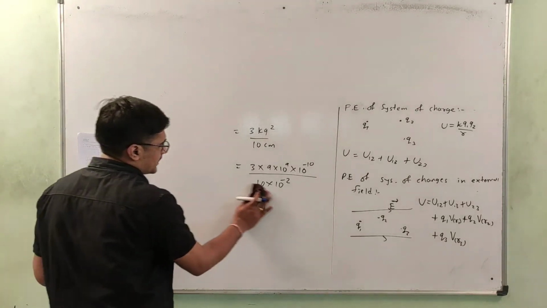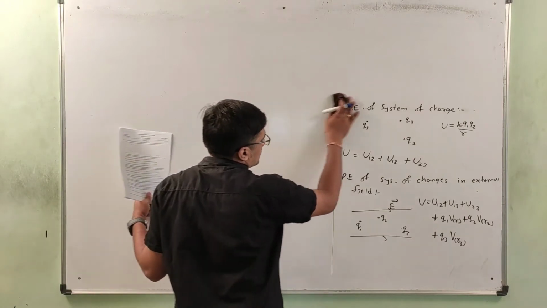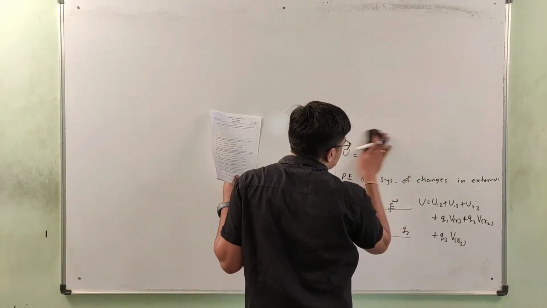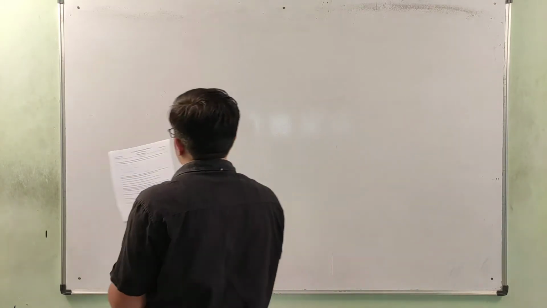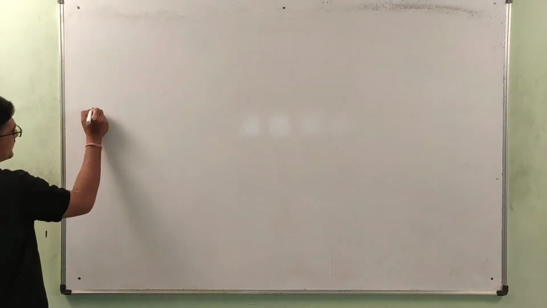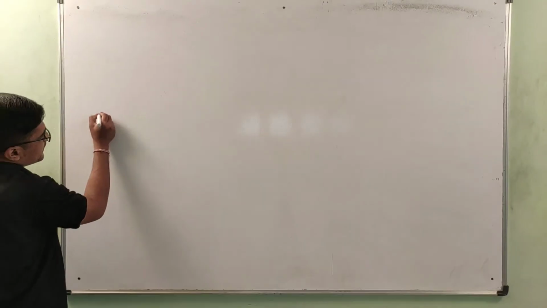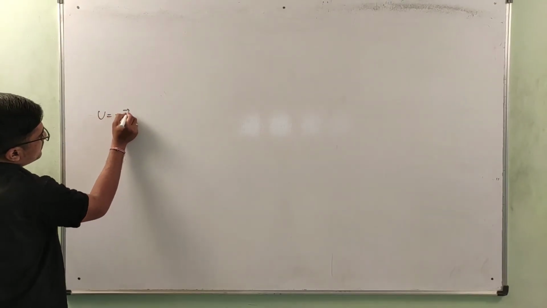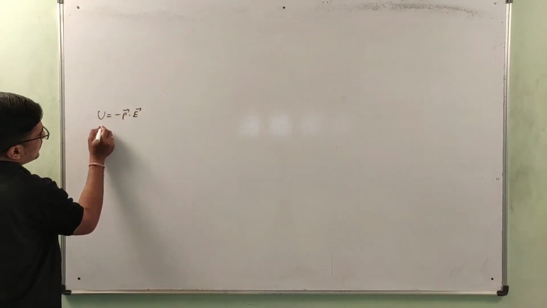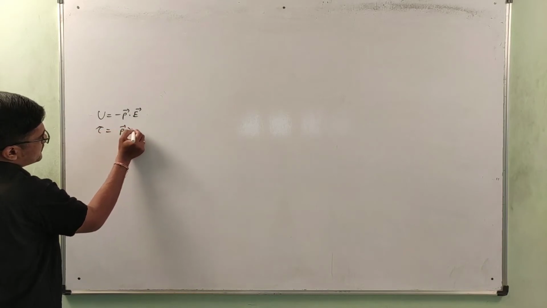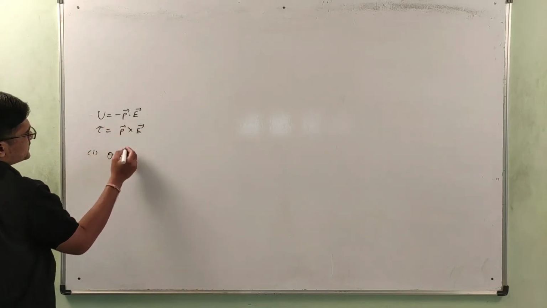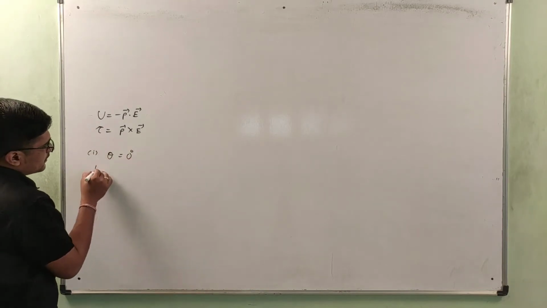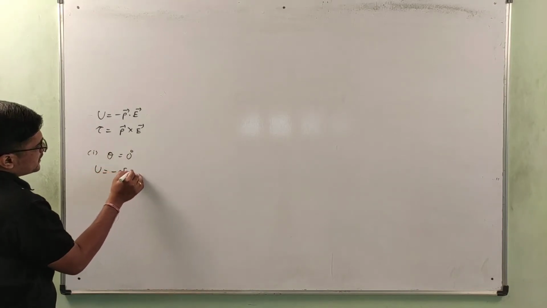Another topic is potential energy of a dipole. Whenever you keep a dipole in an electric field, the potential energy of the dipole is equal to minus P dot E, and the torque acting on the dipole is P cross E. Now whenever the angle between P and E is 0 degree, the energy becomes minus PE cos 0.